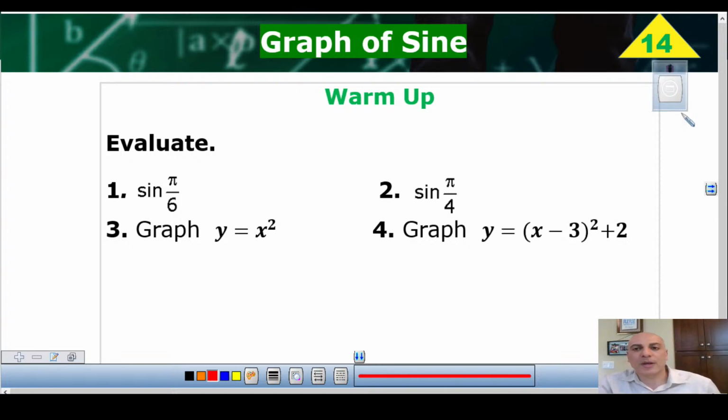Here we go. We got some answers here. So sine pi over 6. Pi over 6 is, if I remember from the unit circle, taking 180 divided by 6. That's 30, so sine 30 is what we're talking about. And I've got some answers in the chat. Sine 30 is 1/2. Sine pi over 4.